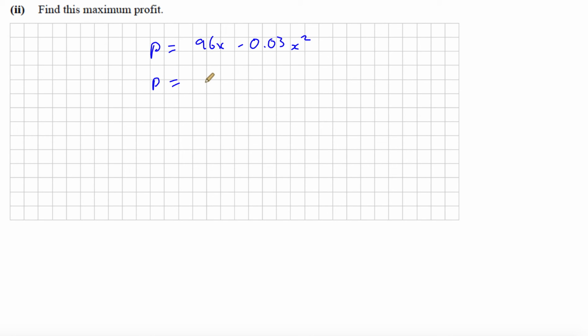So that's going to be equal to 96 by the 1600 barrels minus 0.03 by the 1600 barrels squared. And that gives us a max profit of 76,800 euro in total.